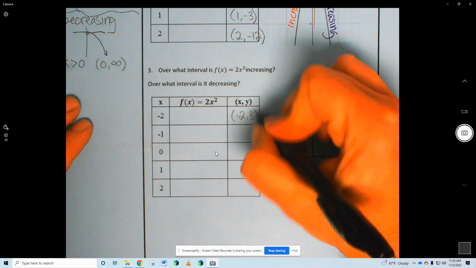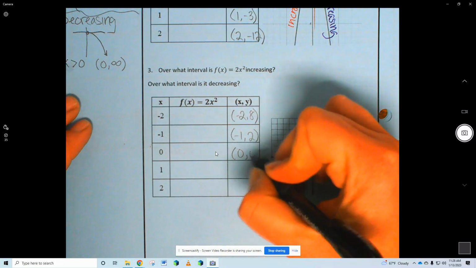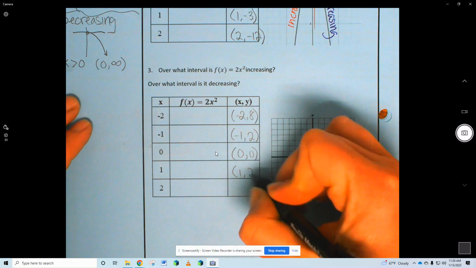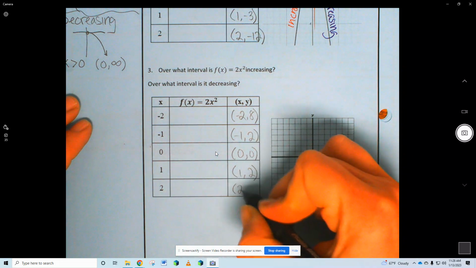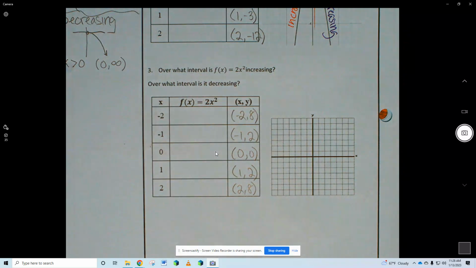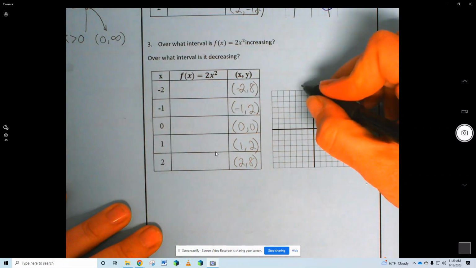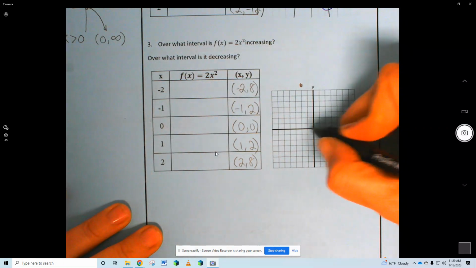Negative 2, comma 8, negative 1, comma 2, 0, 0, 1, comma 2, 2, comma 8. All right, graph those points, please. Negative 2, comma 8. It's just a little bit off the graph. No problem.